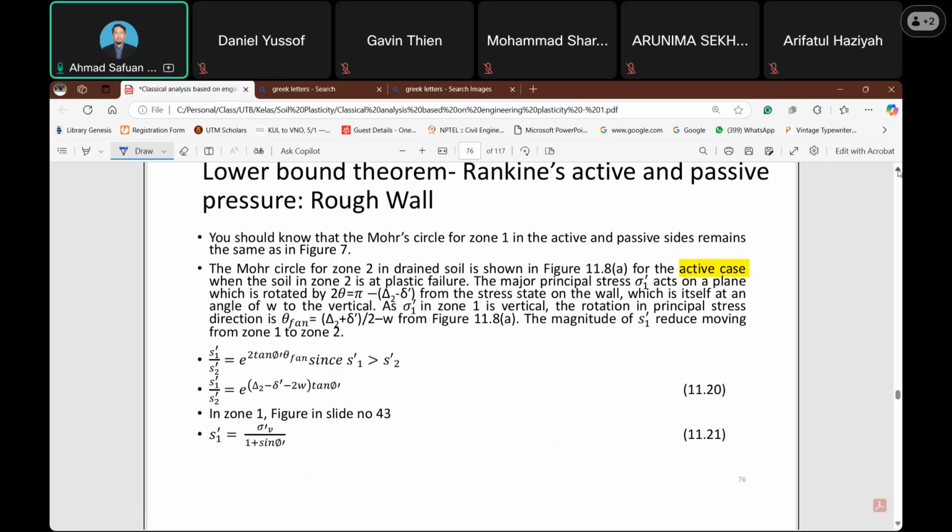The rotation in principal stress direction is theta fan, which has been derived before, okay, in figure 11.8a. That is for zone 1. Okay. The magnitude of the S1 reduced moving from zone 1 to zone 2.